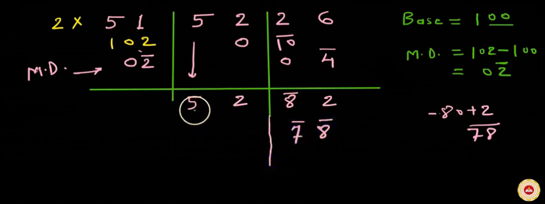Come to the quotient area. 52 is the quotient, but this quotient is for 102 and not for this original divisor 51. Understand friends, this 52 is the quotient for the new divisor 102 and not for the original divisor 51. But we want the quotient for this 51.